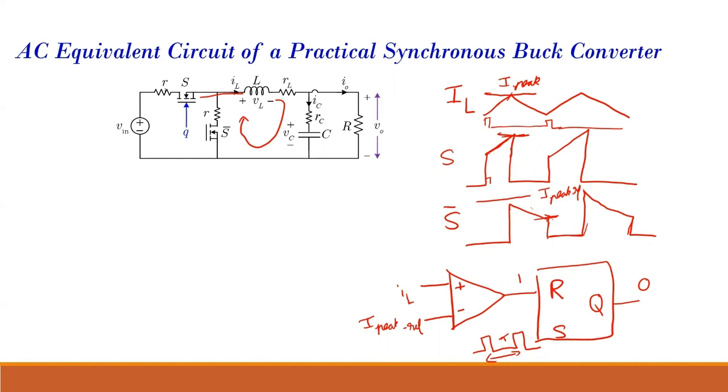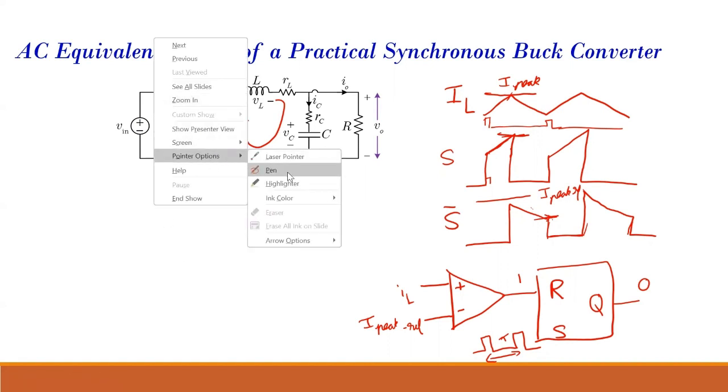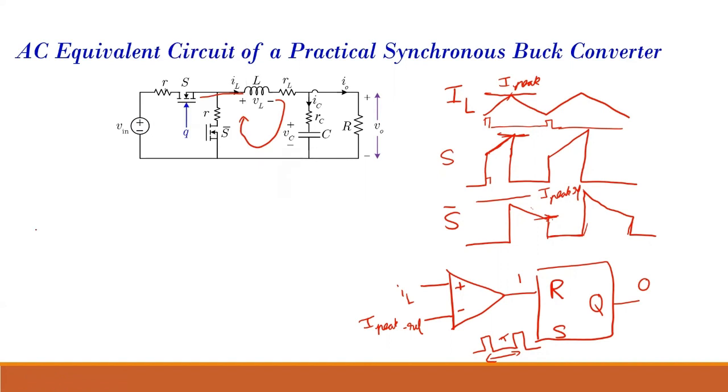Okay. So suppose you can see one pen, right? Suppose the behavior of a system is like this. Okay, this is the behavior of a particular system. So this behavior of the system is the large signal behavior.